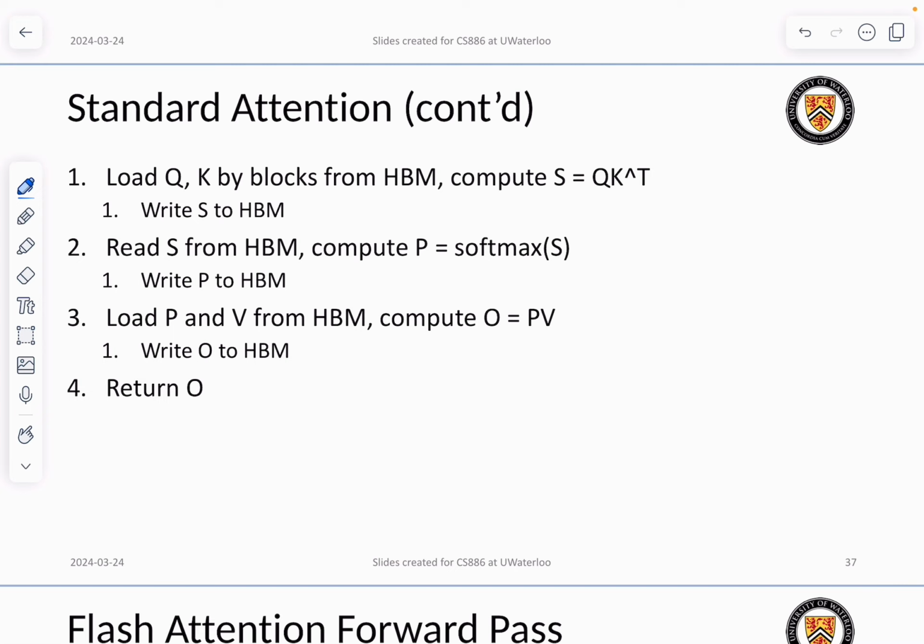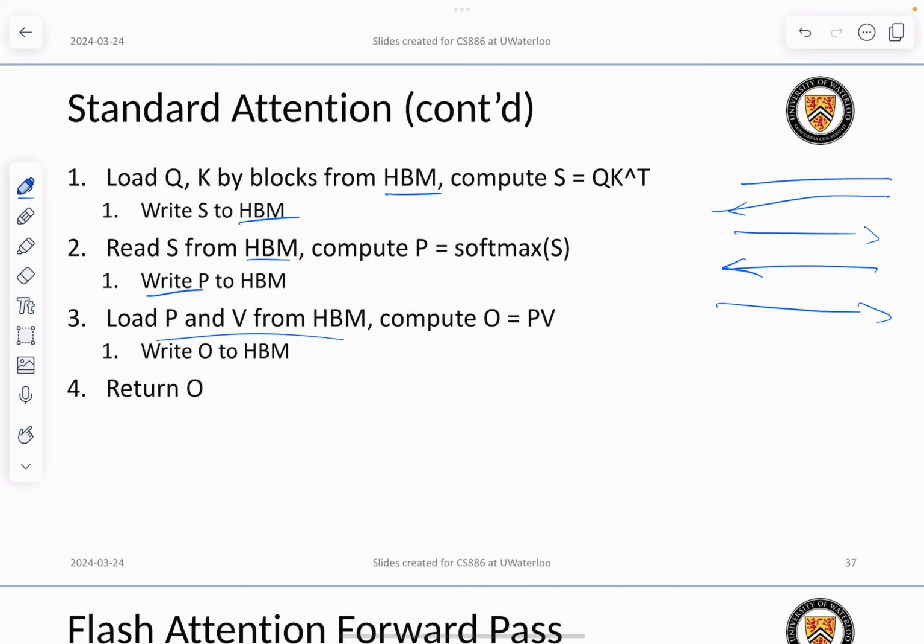And this is the thing I was talking about: going back and forth between HBM and the processing unit. So here you load from HBM, you write it back, you load it, you write it back, you load it again, you write it back again, and finally you return it.